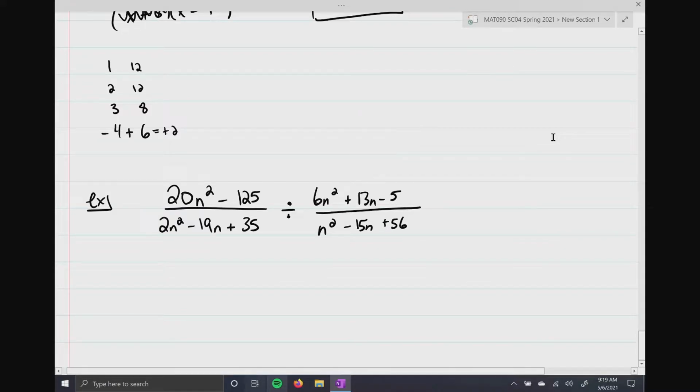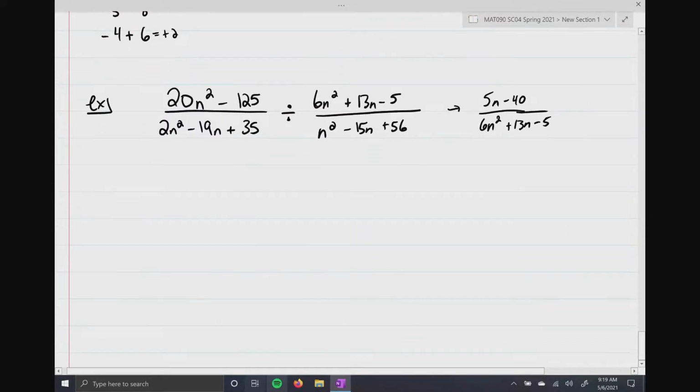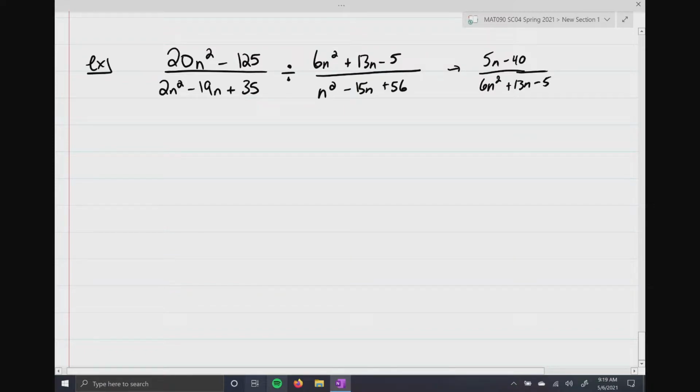Okay, say it one more time. 5n minus 40 over... minus 40. Oh, minus 40. Yeah. Oh, well, that's not completely factored then. Over 6n squared plus 13n minus 5. Okay. All right, I'm not saying that's correct or not, but we're going to go over it, okay?